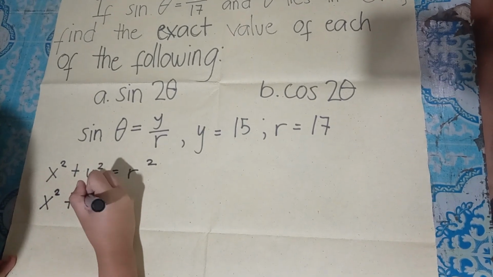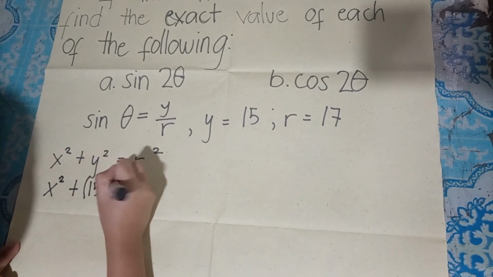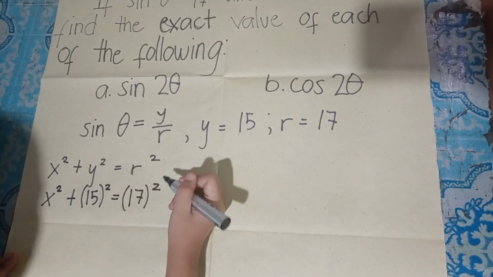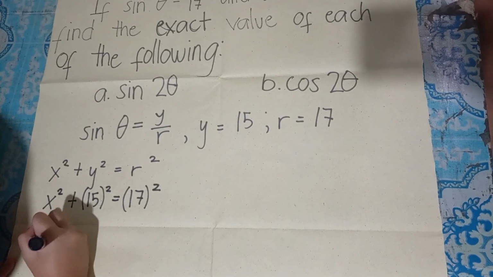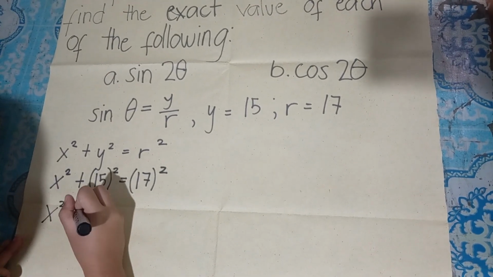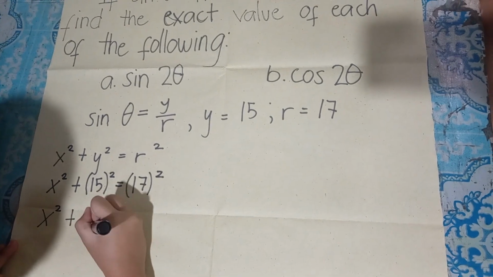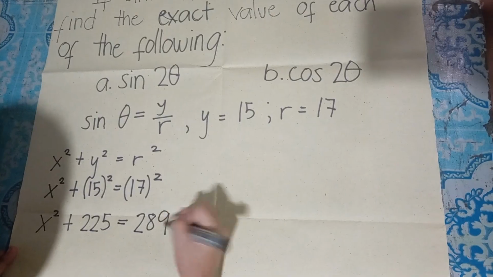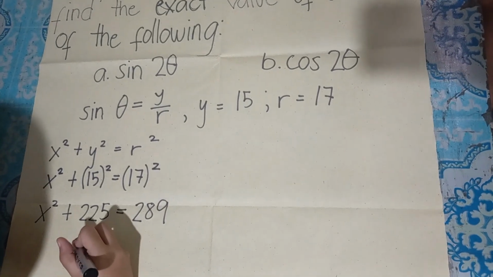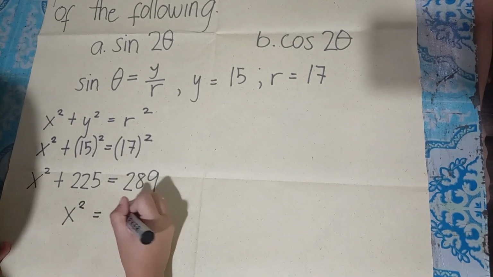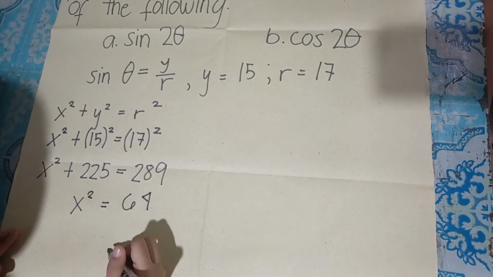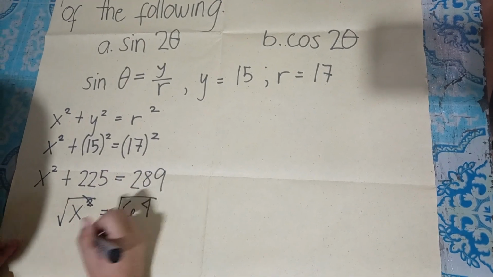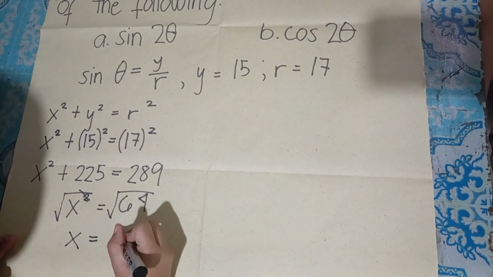Now, let's substitute the values of y and r. Then, solve for the square of 15 and square of 17. Then, subtract 225 from both sides. After that, we can solve for the square root of 64. So, our x is equal to negative 8.